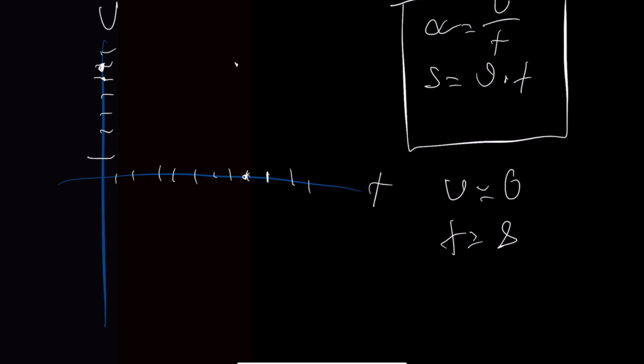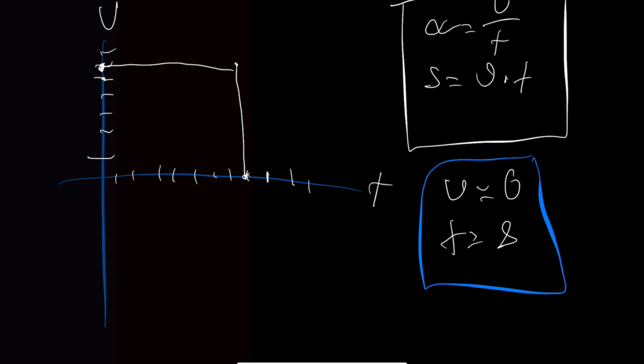The shape that we're drawing should be a square, because the velocity is constant and it's not changing at all. Velocity is just holding still at 6.